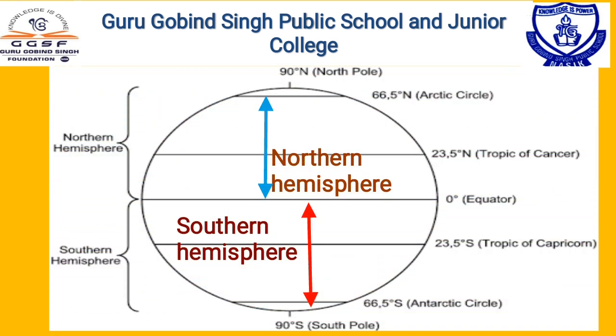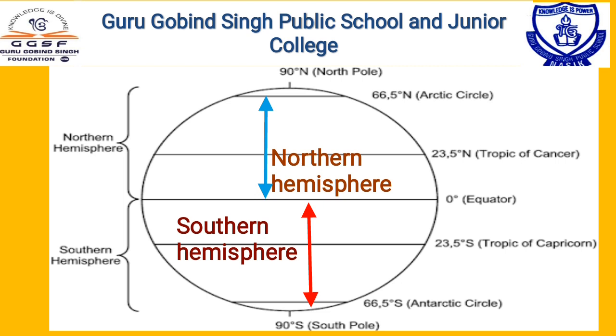So dear students, before going to learn the remaining part of our lesson, what did we learn in the last period? We learned what a globe is, what is meant by angular distance and what a parallel of latitude is.